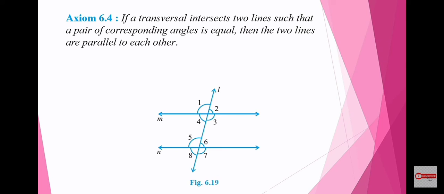The difference is that if a transversal intersects two lines in such a way that a pair of corresponding angles is equal, then these two lines will be parallel to each other. So this is the converse of the corresponding angles axiom. From the figure, you can see the same.